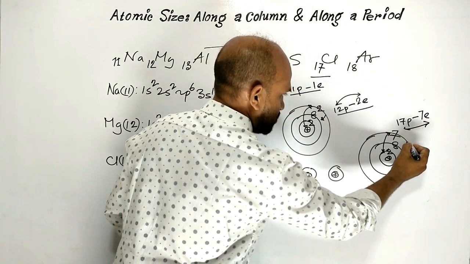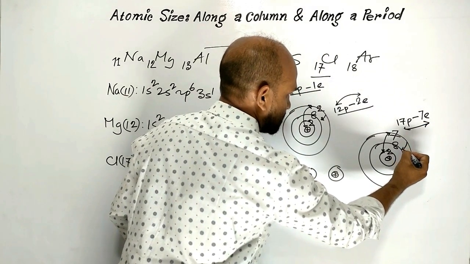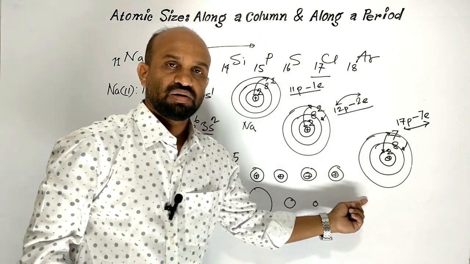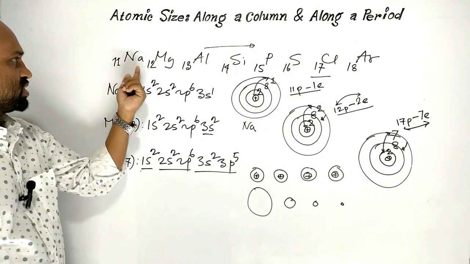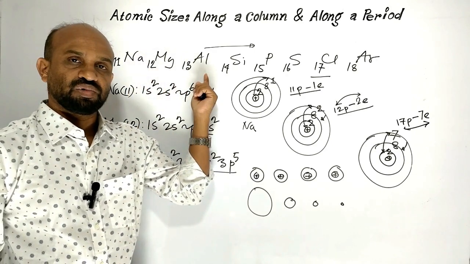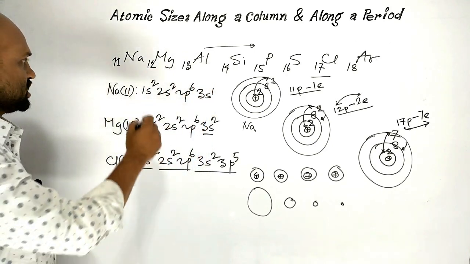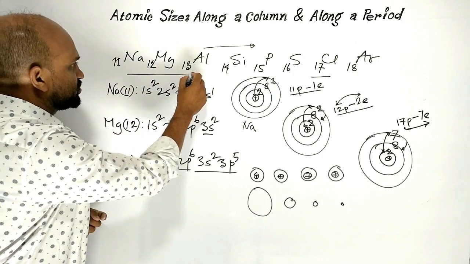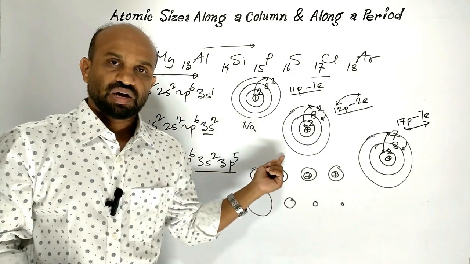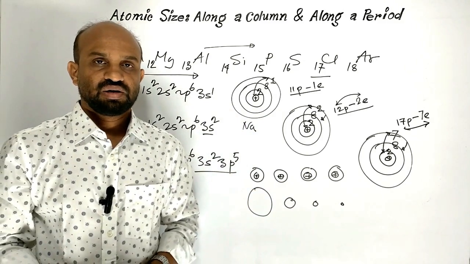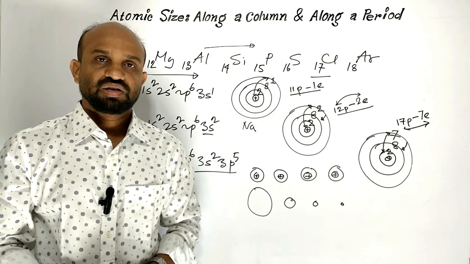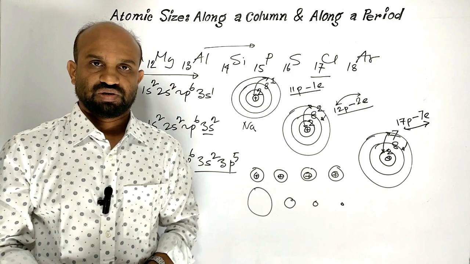That is why the outermost shell contracts more than other elements like sodium, magnesium, aluminum. That is, if we go from left to right, the attraction between nucleus and outermost shell increases with the increase of atomic number.